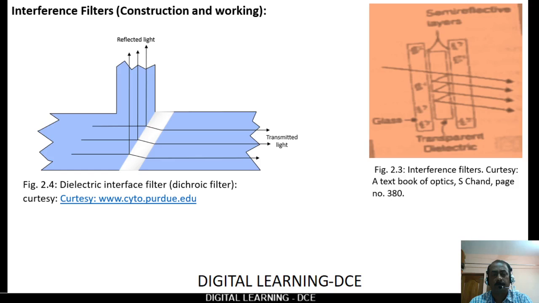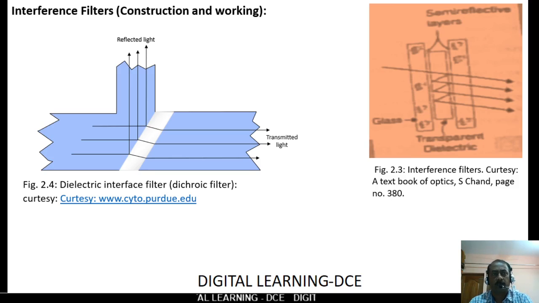For example, if t equals 5 into 10 to the power of minus 7 meter, nearly equal to 500 nanometer, the transmitted wavelengths giving maxima are given by lambda equals nearly 1000 nanometer, 500 nanometer, 333.3 nanometer and so on.